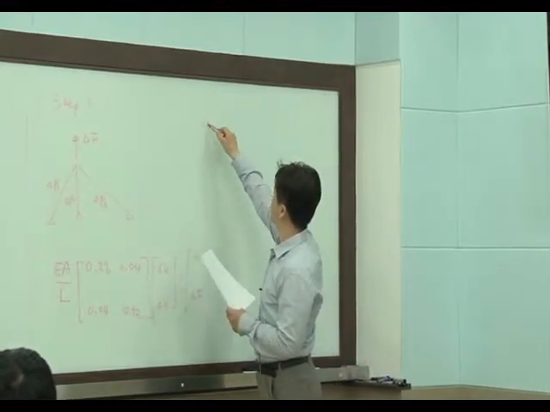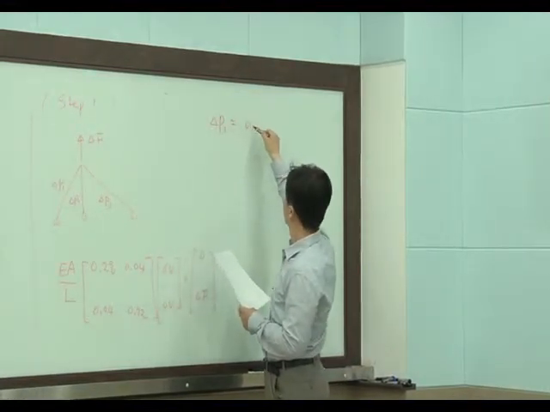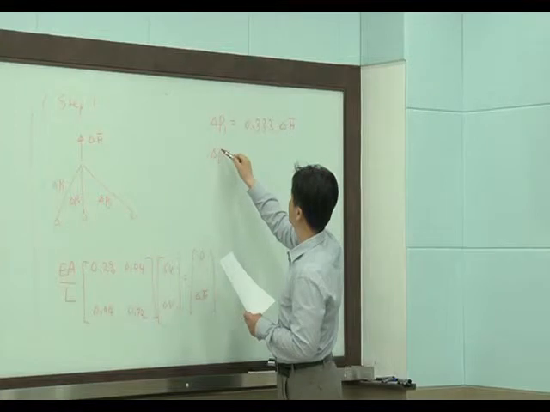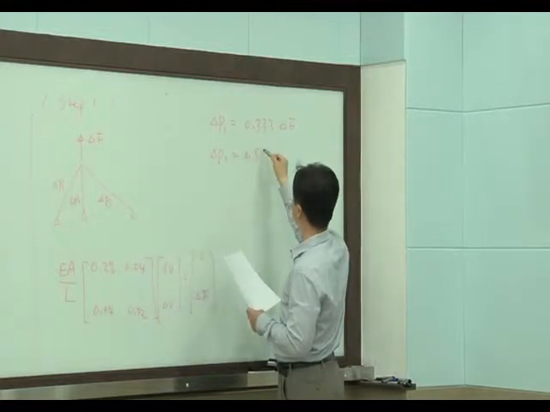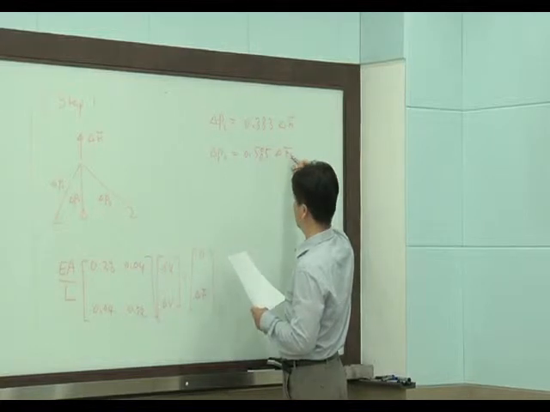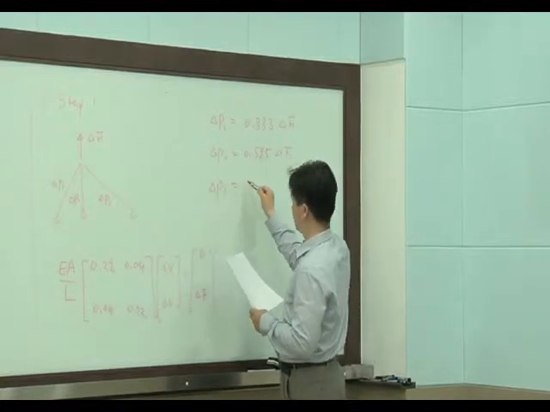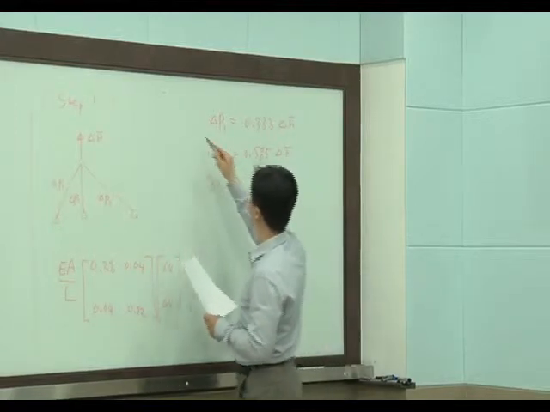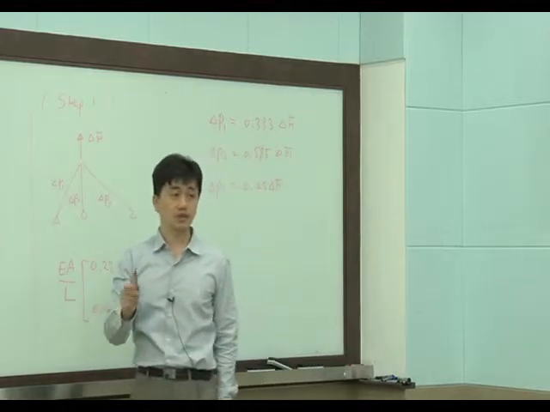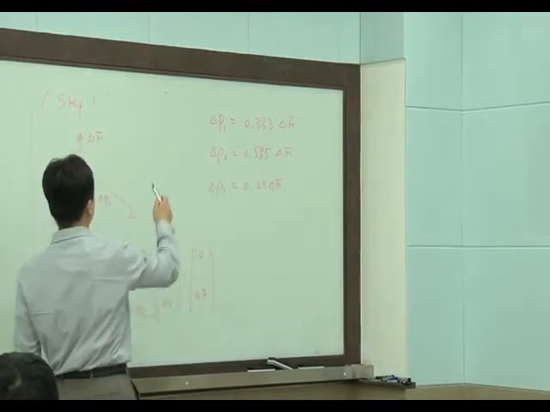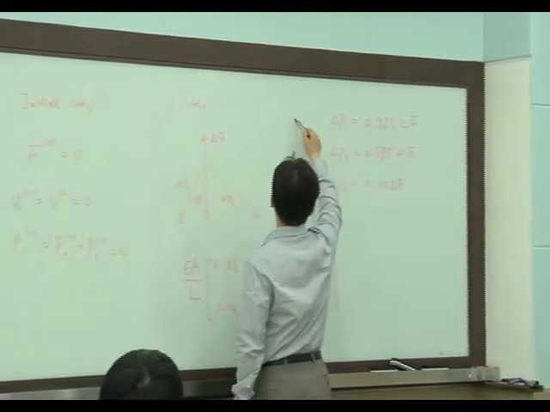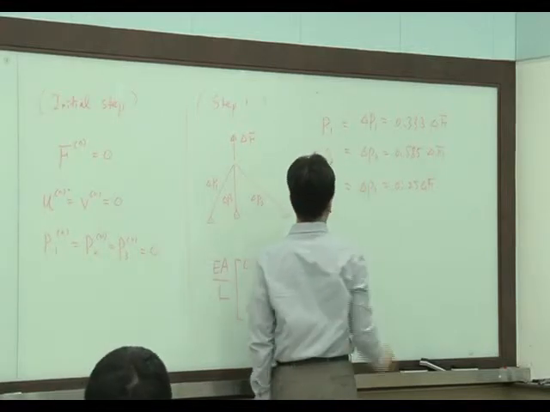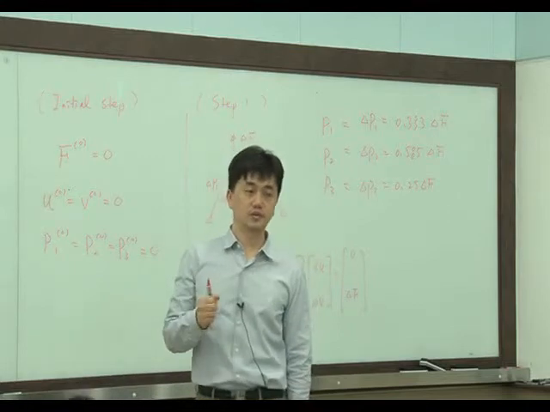Then member force delta P1 equals delta F, delta P2 equals delta F, delta P3 equals delta F. And because this is the first stage, initially P1, P2, P3 were 0, right?